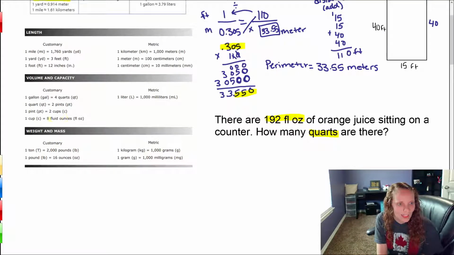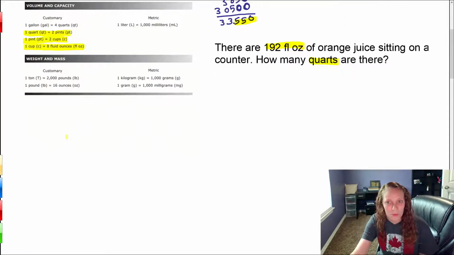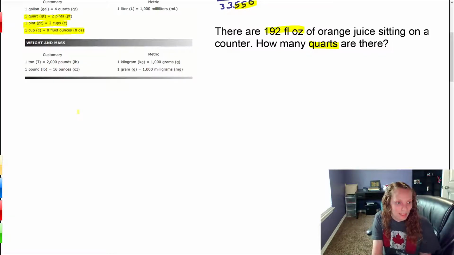I see ounces and quarts here. 1 quart is 2 pints, 1 pint is 2 cups, and 1 cup is 8 fluid ounces. So we're going to have to convert a couple of times, going from fluid ounces up to quarts. First fluid ounces to cups, then cups to pints, and then pints to quarts.